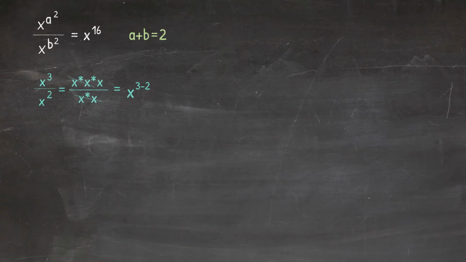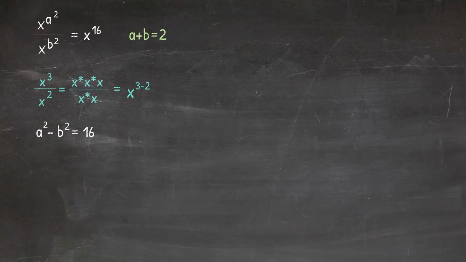Applying this insight to x to the power of a squared over x to the power of b squared equals x to the power of 16, we can see that a squared, the exponent in the numerator, minus b squared, the exponent in the denominator, should equal 16. To connect the dots, look at the example that we created and see the similarities with the one that we're asked to solve, and you'll see how we got here.